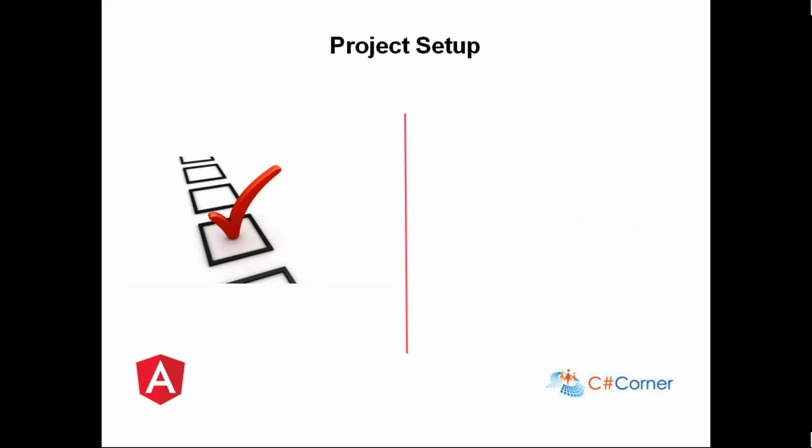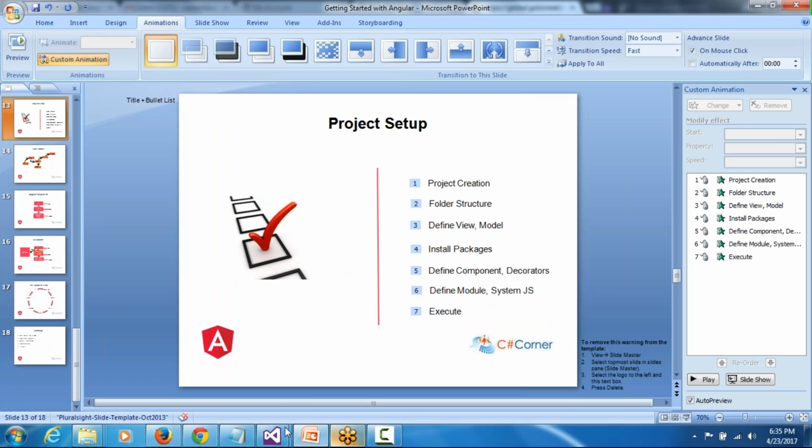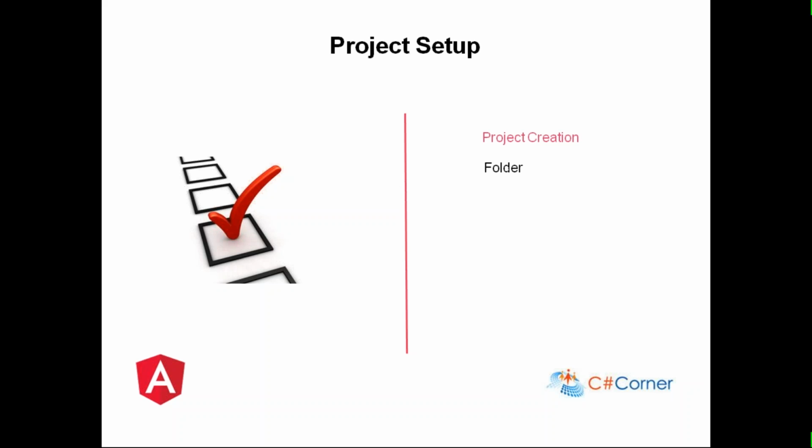Okay. So now let's move to the project, how we can set it up. The first step is that we need to create the project. Let me get into the project so that you can easily follow. As mentioned here, let's create the project, then the folder structure, and then we'll define the view model and install the required packages.